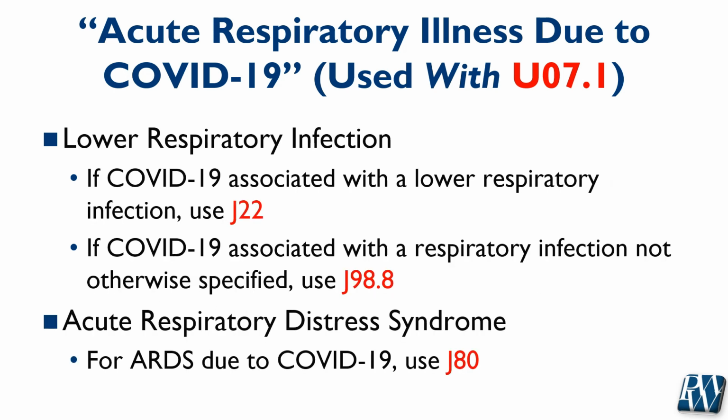A few more for lower respiratory infection. If it's associated with COVID-19, the specific code for that, again used in conjunction with that COVID diagnosis code of U07.1, would be J22. If you have a respiratory infection that's not as specific as lower respiratory, you might use the more general code of J98.8.